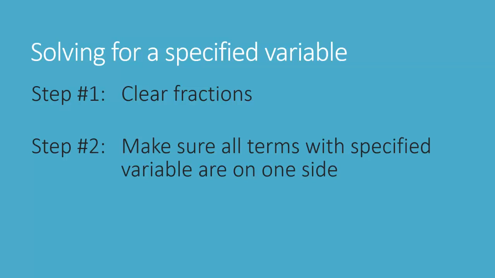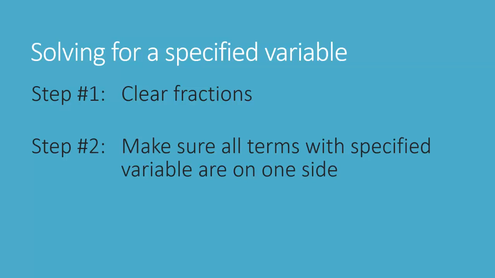Step 2, we need to make sure all terms with a specified variable are on one side. That's very similar to our other step, where step 2, have all the x's on one side. In this case, whatever variable we're looking for, base, height, radius, whatever it is, we need to make sure it's always on the same side.